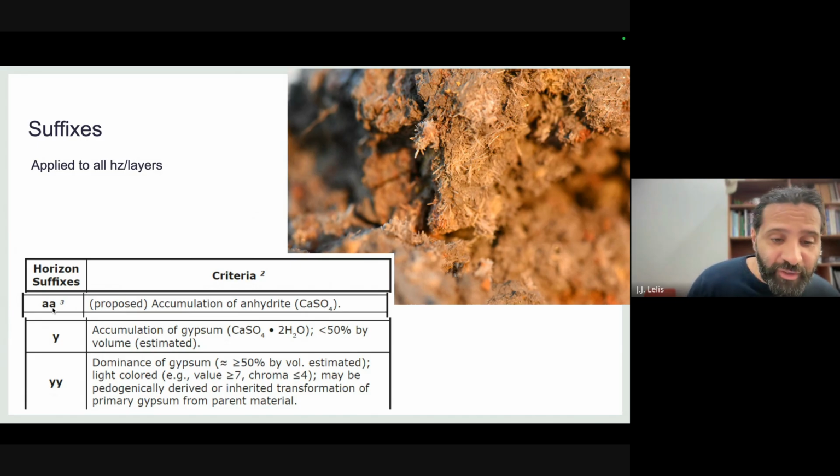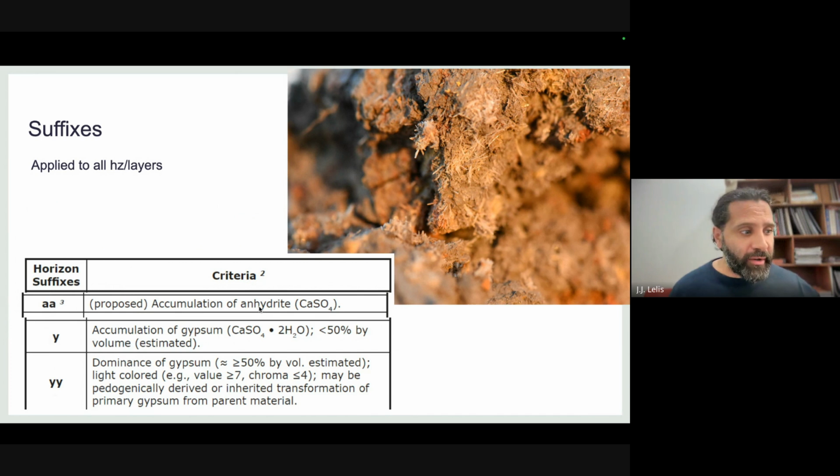This AA suffix is quite hard for now, because hardly can we identify or distinguish in the field the difference between gypsum and anhydrite. Of course, if you are in a very, very dry condition in a desert, it's quite probable that you are talking about anhydrite.